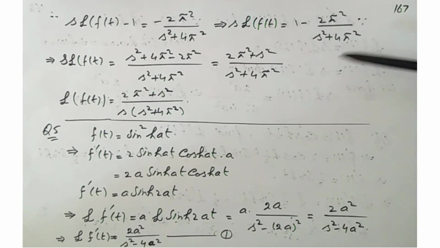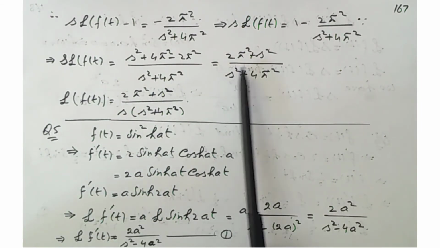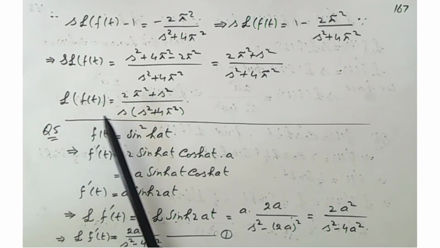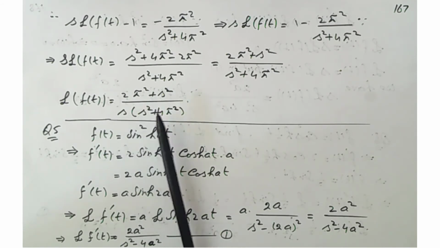After simplification by taking the LCM, we have Laplace ft equal to 2 pi square s square over s square plus 4 pi square. Laplace ft equal to 2 pi square plus s square divided by s into 4 pi square plus s. So this is the value of Laplace f of t.